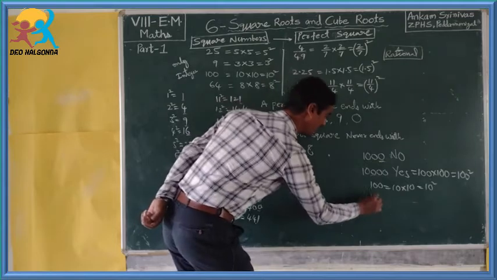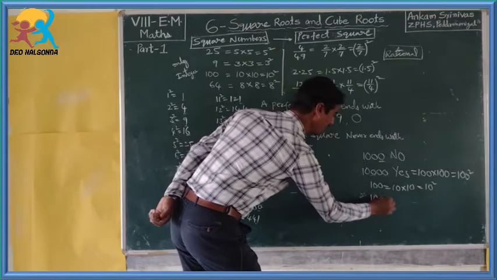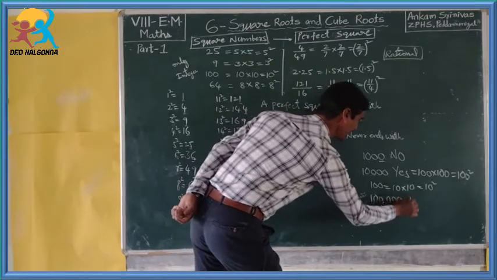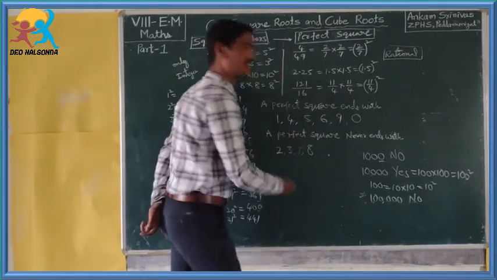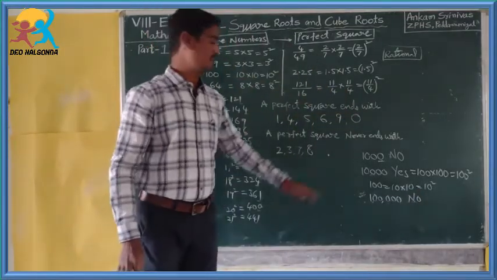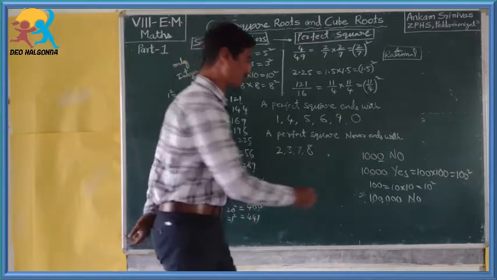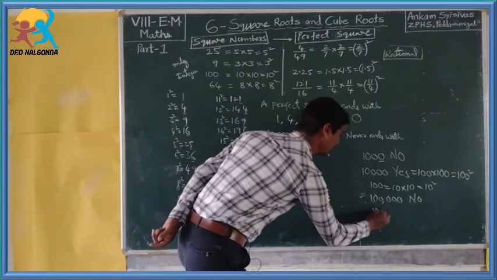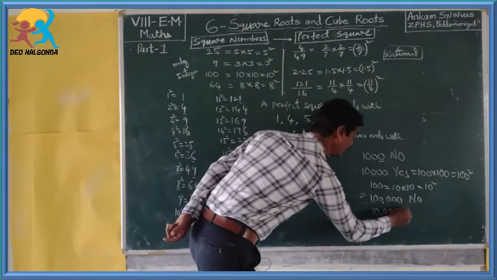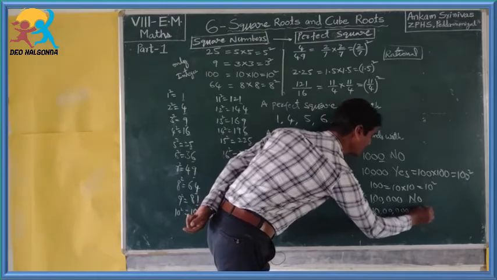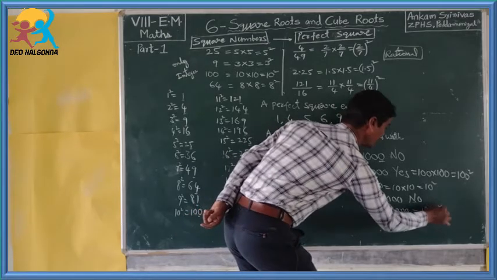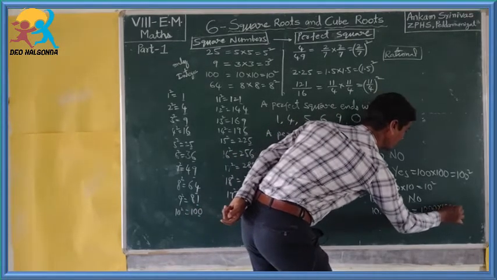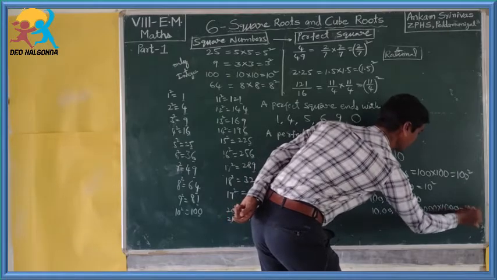If I take 1 lakh, it is not a perfect square, because it is not possible to write it as a product of the same number. If I take 10 lakh, it can be written as 1000 into 1000 equal to 1000 square.